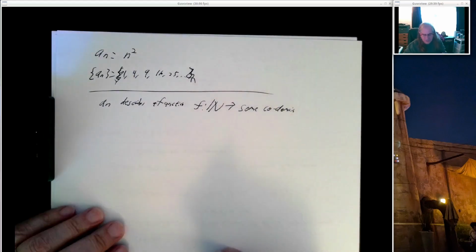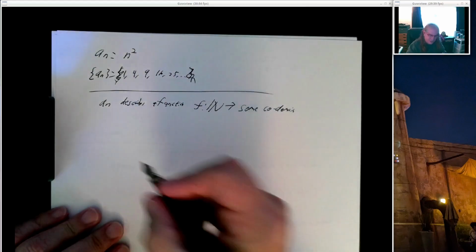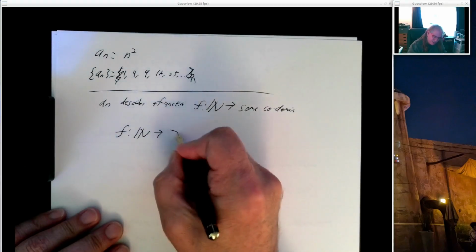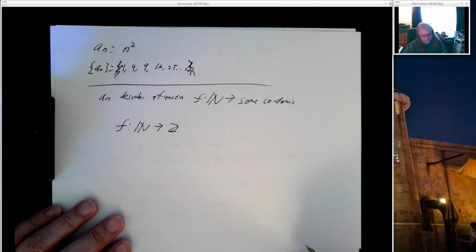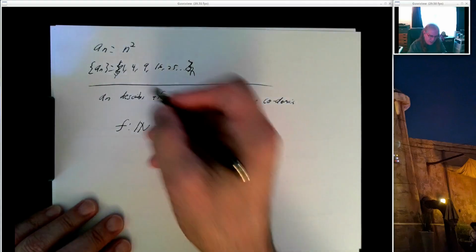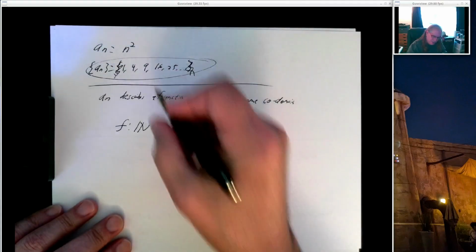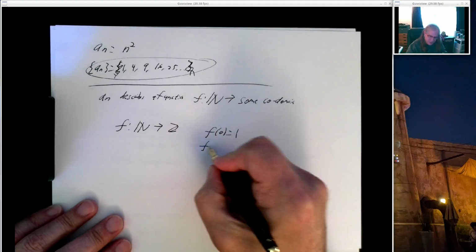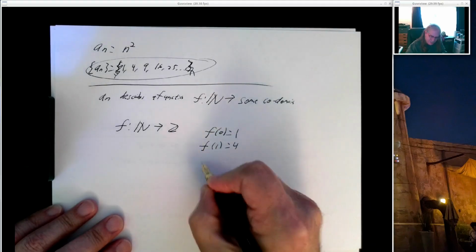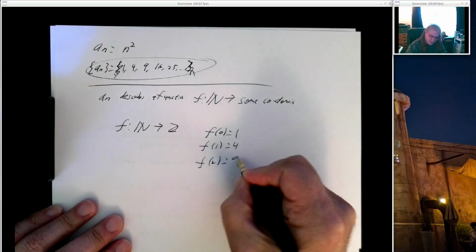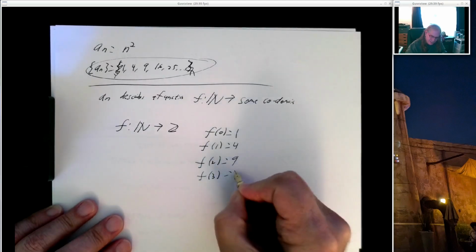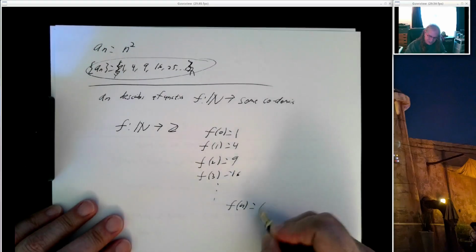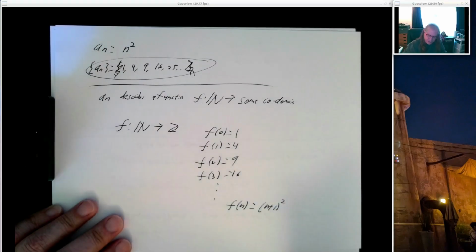All these sequences I've been defining seem to come from the integers, so I could think of these as functions going from perhaps the natural numbers to the set of integers. And for this sequence up here, f of 0 equals 1, f of 1 equals 4, f of 2 equals 9, f of 3 equals 16, and my general formula might be f of n equals (n plus 1) squared.